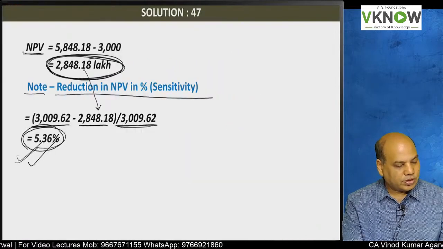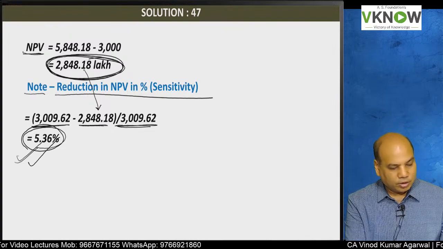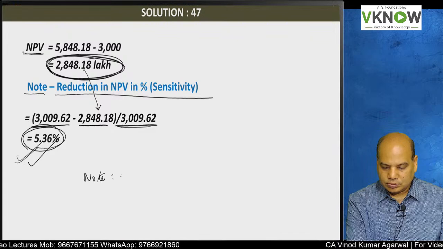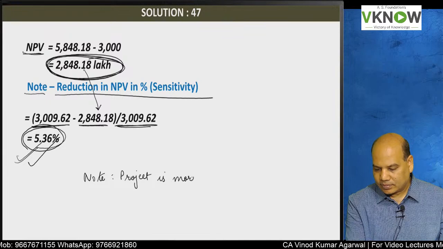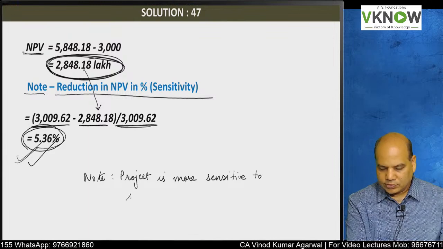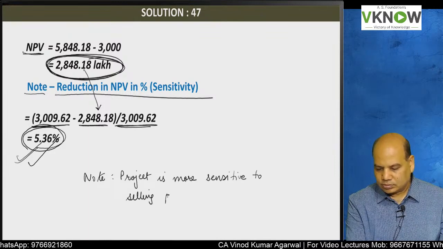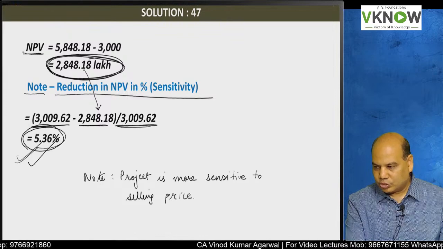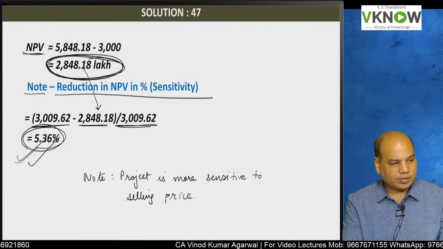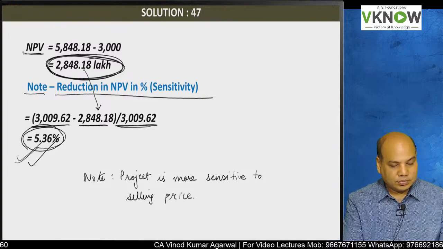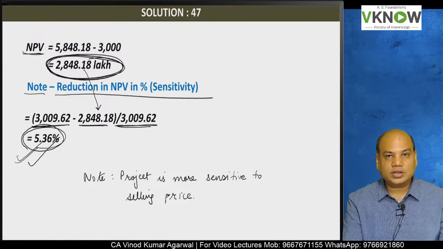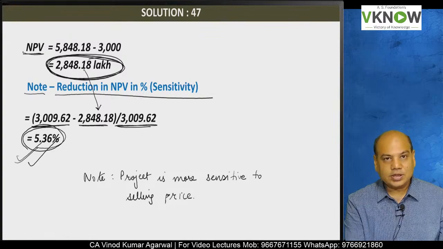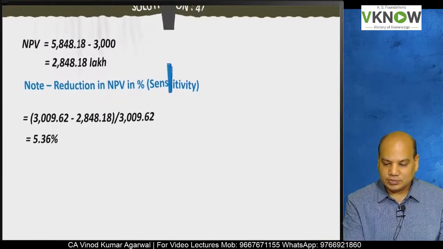So the project is more sensitive to which variable? Write down a note: project is more sensitive to selling price, because in case of selling price reduction by 10%, the NPV had gone down by 36.18%, but in this case it is only 5.36%.